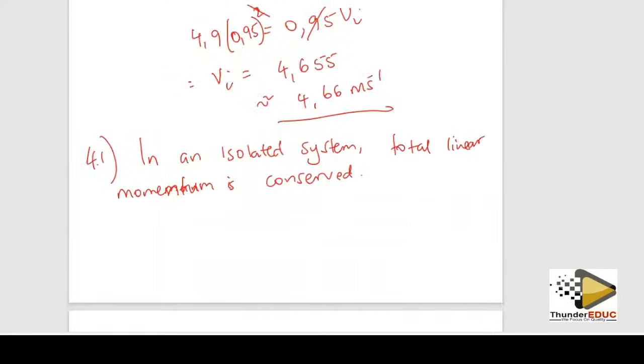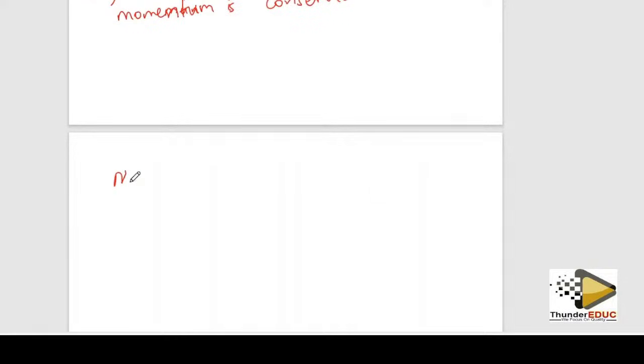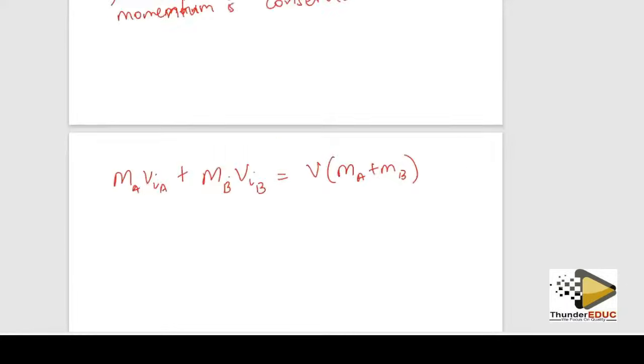So from the law of conservation, we know that mass A, velocity initial of A, plus the mass of B times the velocity initial of B must give us the velocity combined of mass A plus mass B, since they're going to have the same velocity after a collision. So the mass of the body A was 7.2.